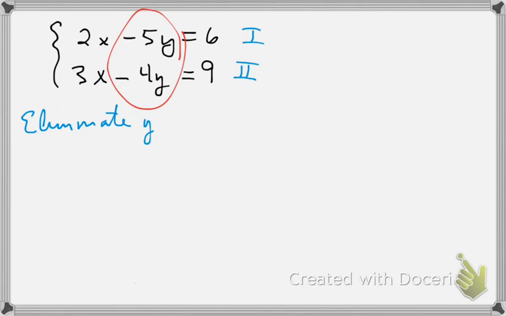So what is a common multiple that I can line these up at? 20? I can line them up at 20? And I want them to be of opposite signs, which they're not right now, right? So what if I took the first one times -4 and the second one times a +5?